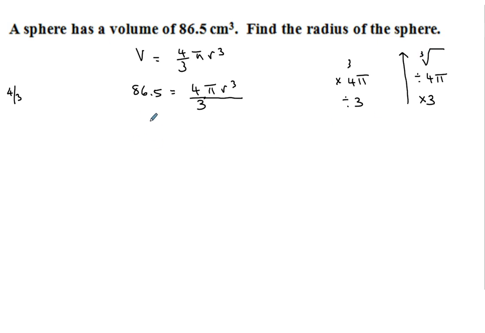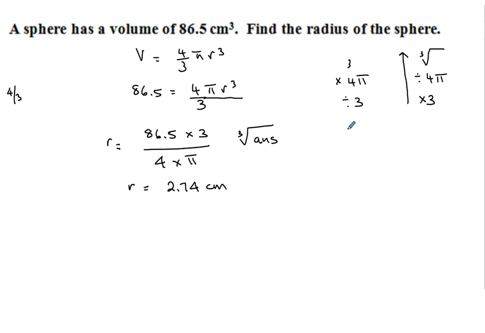So we take that 86.5, so we go 86.5 times 3 divided by 4 times pi, using the fraction button, and then you cube root your answer. And that will give you your radius, which is 2.74 centimeters.